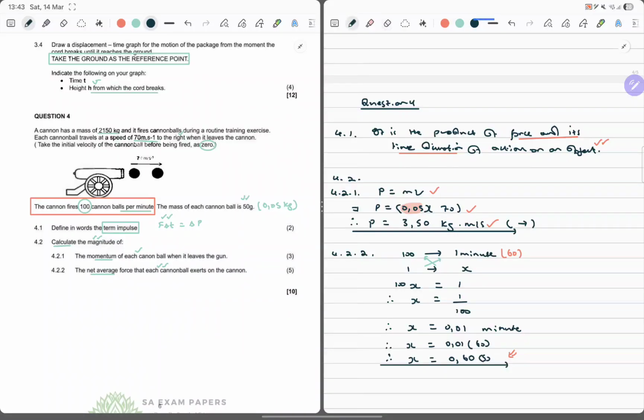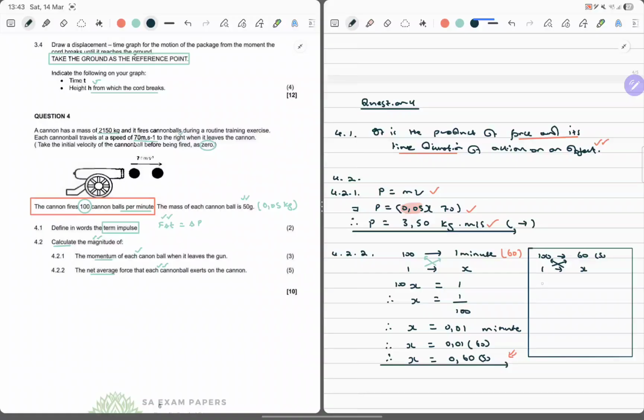Because let's say you didn't think about it initially. But for those of you who are very sharp and very concise, we can say, well, we shot 100 in 60 seconds. Because a minute is 60 seconds. So if we want to shoot 1 cannonball, what would be the time? So cross multiply.